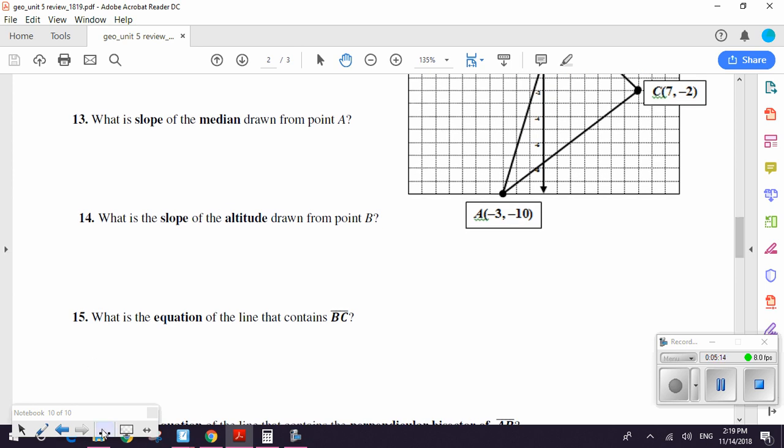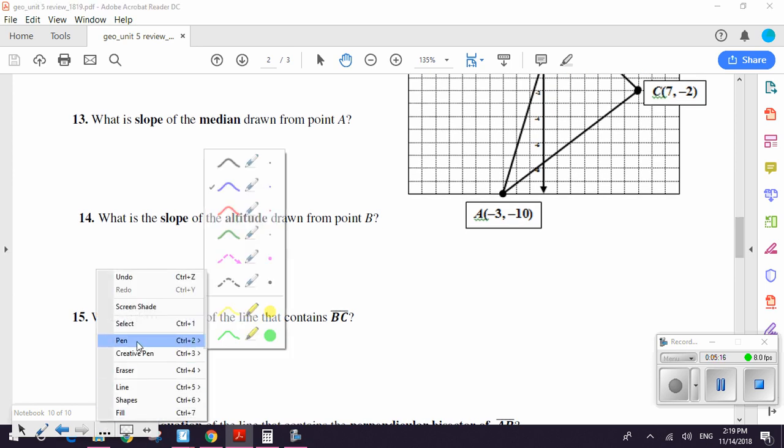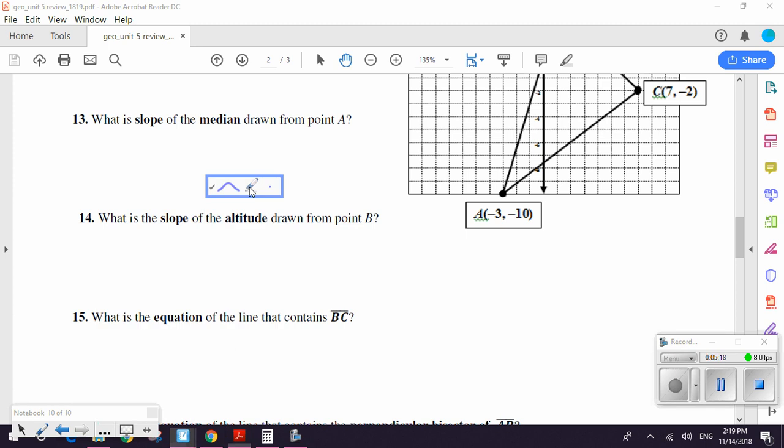So again, you can use the slope formula or you can count. So this one I'll demonstrate the counting. So to get from point to point, I had to rise up 1, 2, 3, 4, 5, 6, 7, 8. So 8 times. I had to run 1, 2, 3, 4, 5, 6, 7, 8, 9, 10 times.